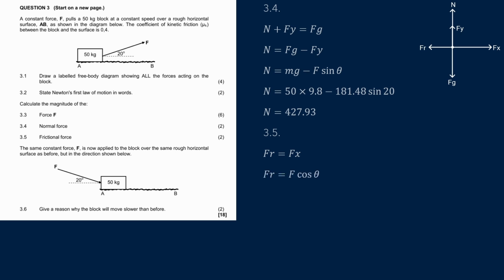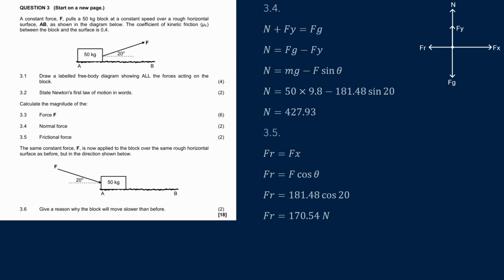Substituting in the formulas, I get Fr is equal to F cos θ, and substituting in the values, Fr is equal to 181.48 cos 20, and hence Fr is equal to 170.54 newtons.